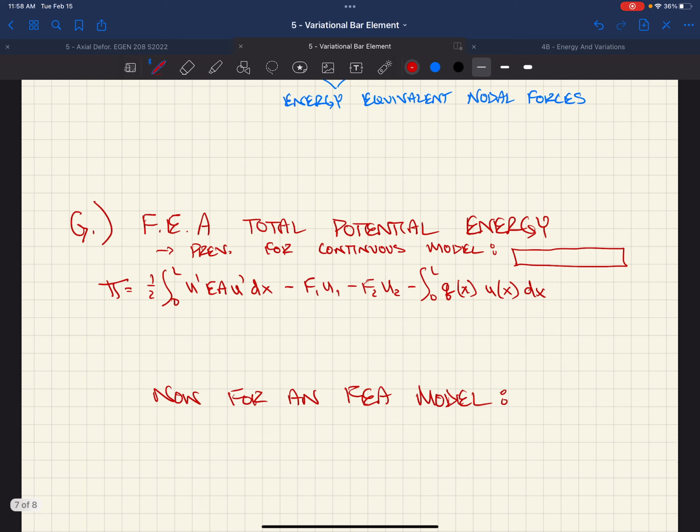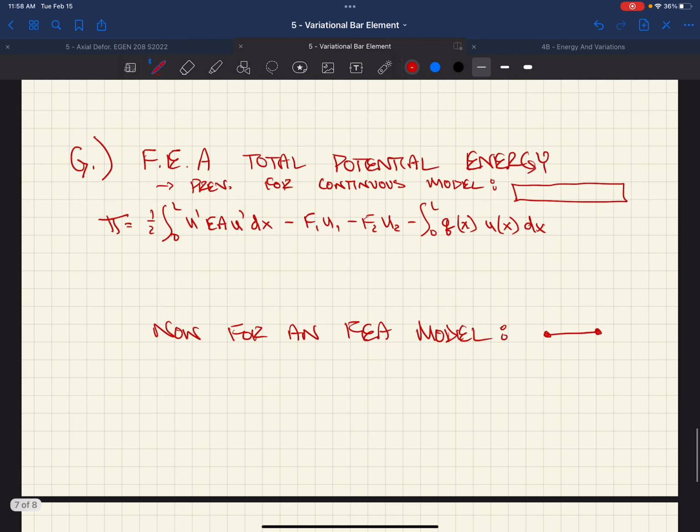But now for our FEA model, where we have known nodal values, we're going to look at our total potential energy as 1/2 d transpose k sub e d, minus d transpose f, plus L integral 0 to 1 now.